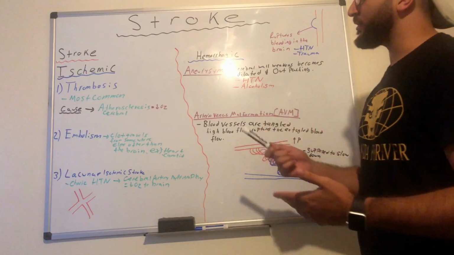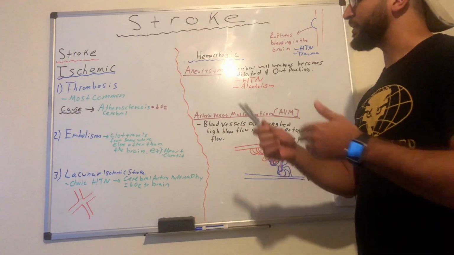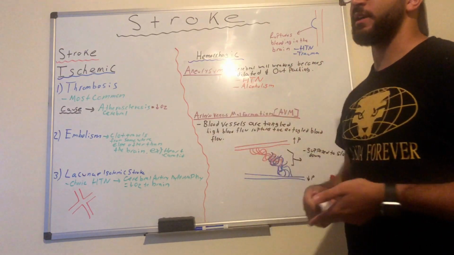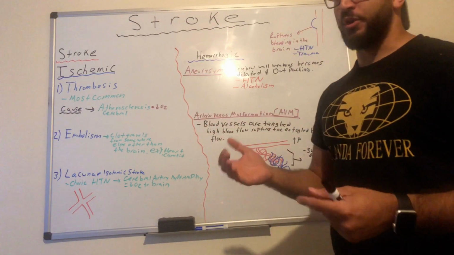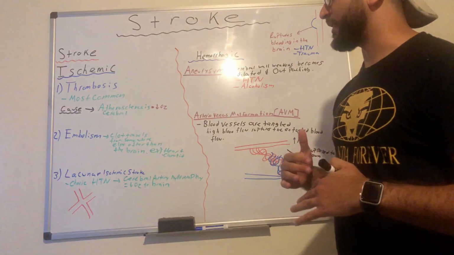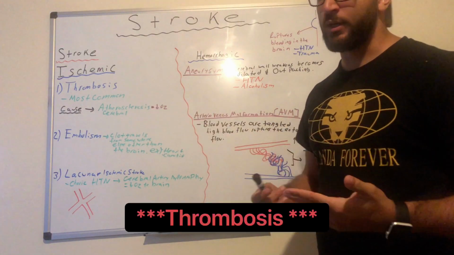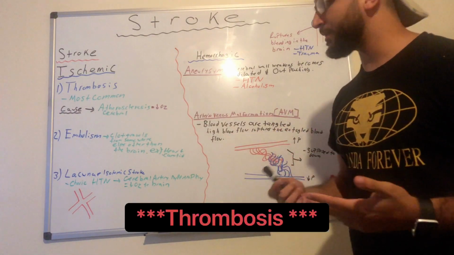Okay, so there are different types of stroke. There's an ischemic stroke, and there's a hemorrhagic stroke. An ischemic stroke has subcategories. The first one is a thrombus.